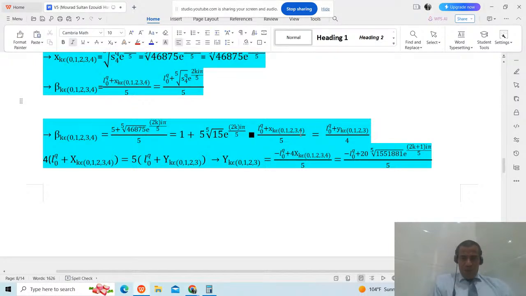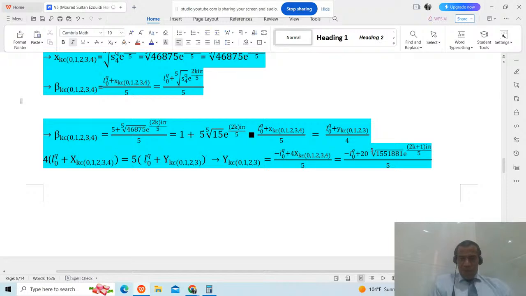Therefore, if you cross multiply, you will get 5L0 and 4L0, 5y and 4x. Therefore yk equals, as the formula, negative L0 for the cube plus 4xk, where k belongs to 0 up to 4 over 5.